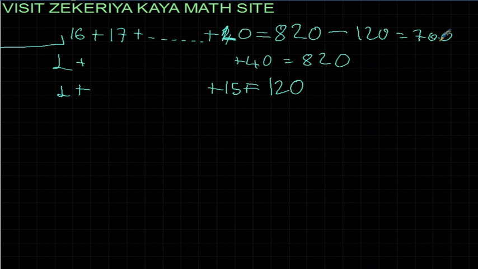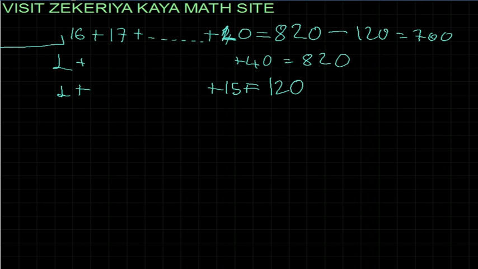So why was it 40 times 41 over 2? That's the formula, or 20 times 41. Did you understand, everybody?